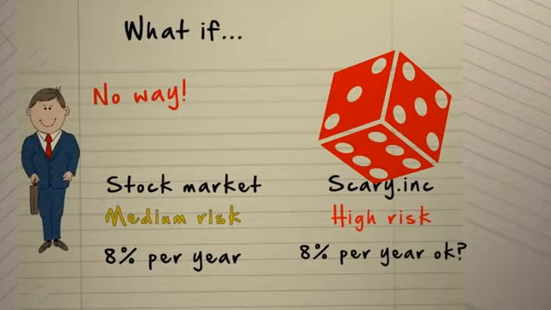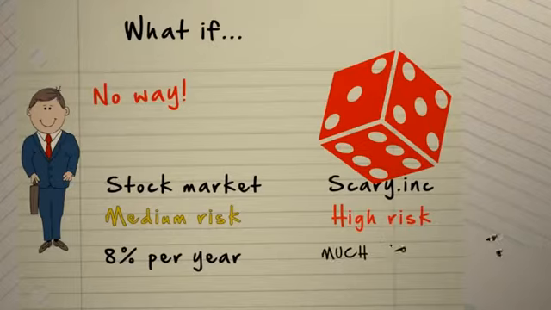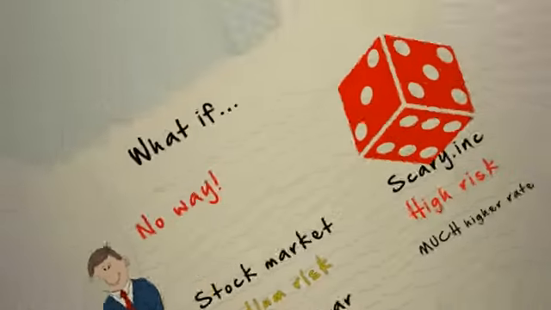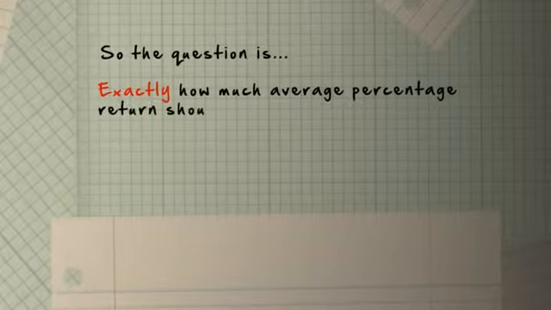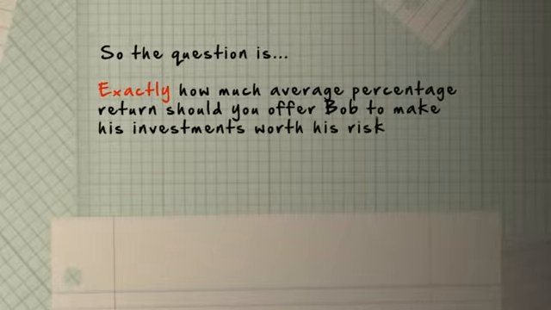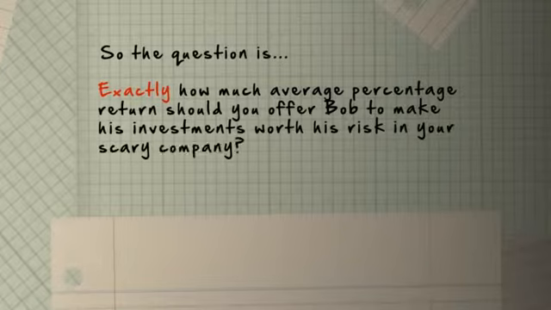If your company is riskier and scarier than the general stock market, then you would have to offer Bob an average return much higher than 8% to reward Bob for his higher risk. So the question is, exactly how much average percentage return should you offer Bob to make his investment worth his risk in your scary company?